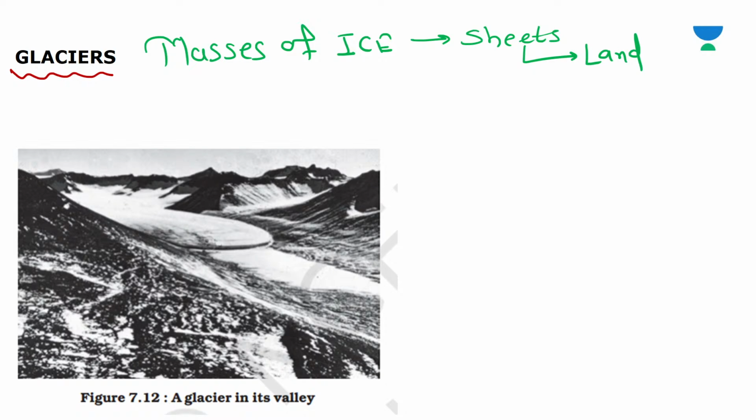So the linear flows down the slopes of mountains in broad trough-like valleys are called glaciers.